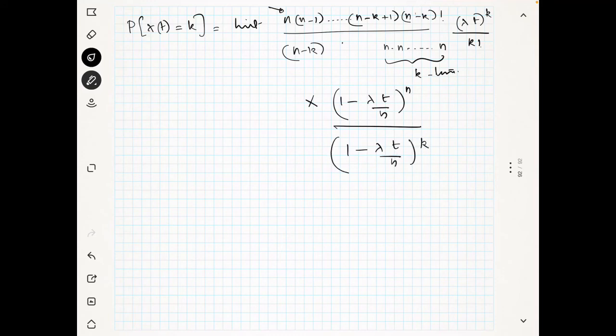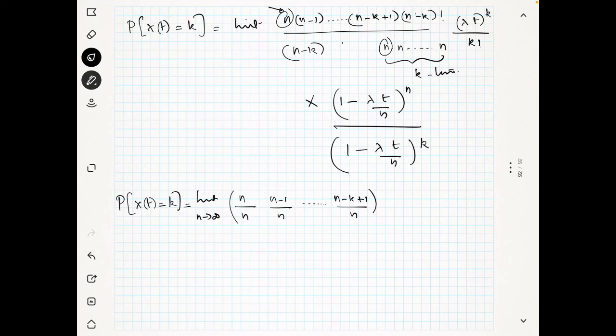Now I can rewrite this equation. The probability that X of t is equal to k is nothing but limit n tends to infinity of n by n, then n minus 1 by n, and so on until n minus k plus 1 by n. So there is a term here like this.